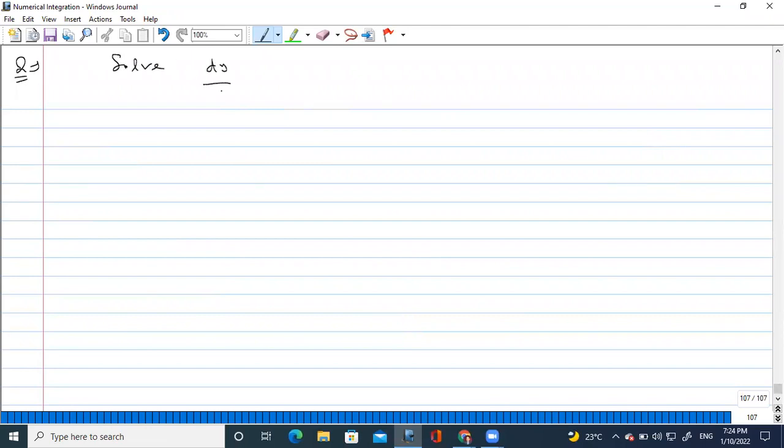Solve dy by dx plus y tan x equal to sine 2x. Here boundary condition is given, y at x equal to 0 is 1. Okay, so how to solve this?